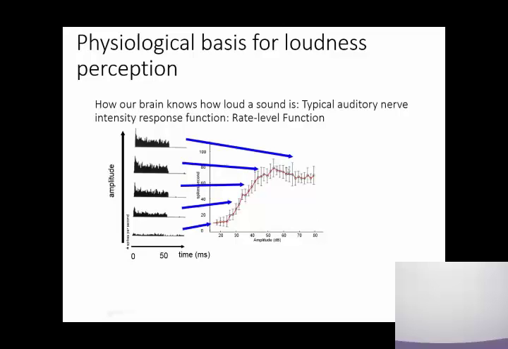And how would you tell the difference between a 60 decibel sound and a 70 decibel sound? You can't, because if you just count the number of spikes, they're both roughly the same, it even goes down a little bit. So you would say the loudest sound is 50 decibel, and at higher levels the response would decrease. That's not what we perceive.